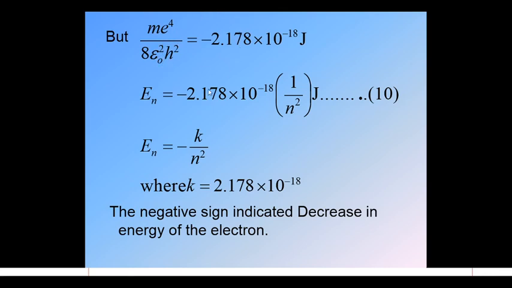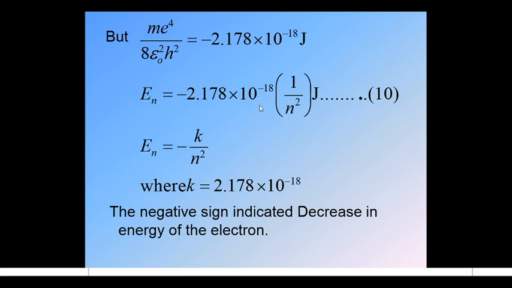So you can substitute that value here, so that En is equal to that constant into 1 by n square joules. So here the energy is represented in joule, so that we got the value as En equal to minus k by n square, where k is 2.178 into 10 raised to minus 18.